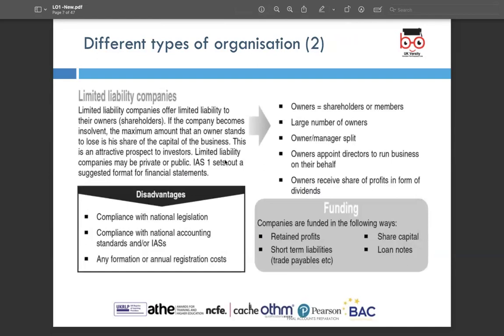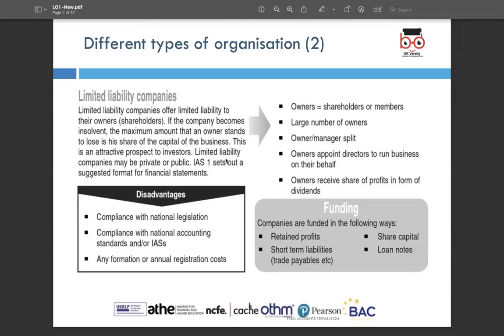Limited liability companies offer distinct advantages and considerations as profit-making entities. They provide limited liability to shareholders, safeguarding personal assets from business liabilities. This feature enhances investor confidence and facilitates investment by mitigating individuals' financial risk.